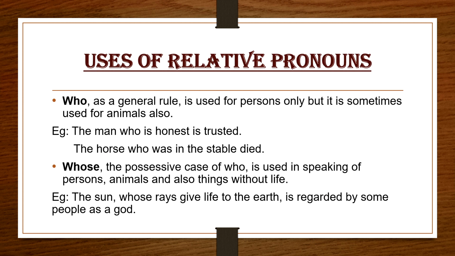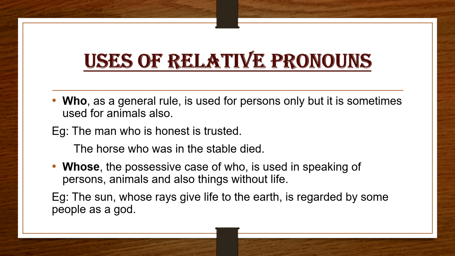Now, uses of relative pronouns. Who as a general rule is used for persons only, but it is sometimes used for animals also. For example, the man who is honest is trusted. Another example, the horse who was in the stable died.